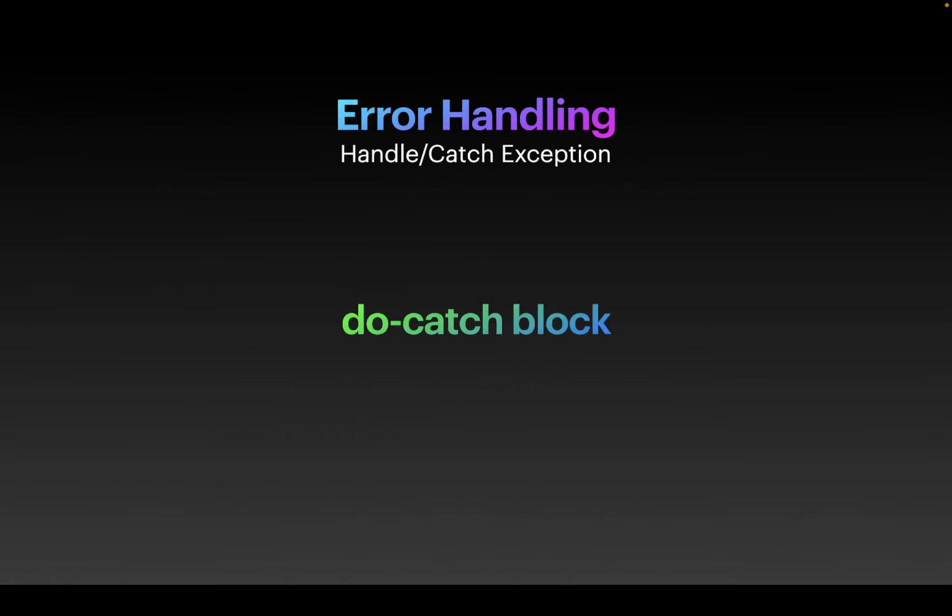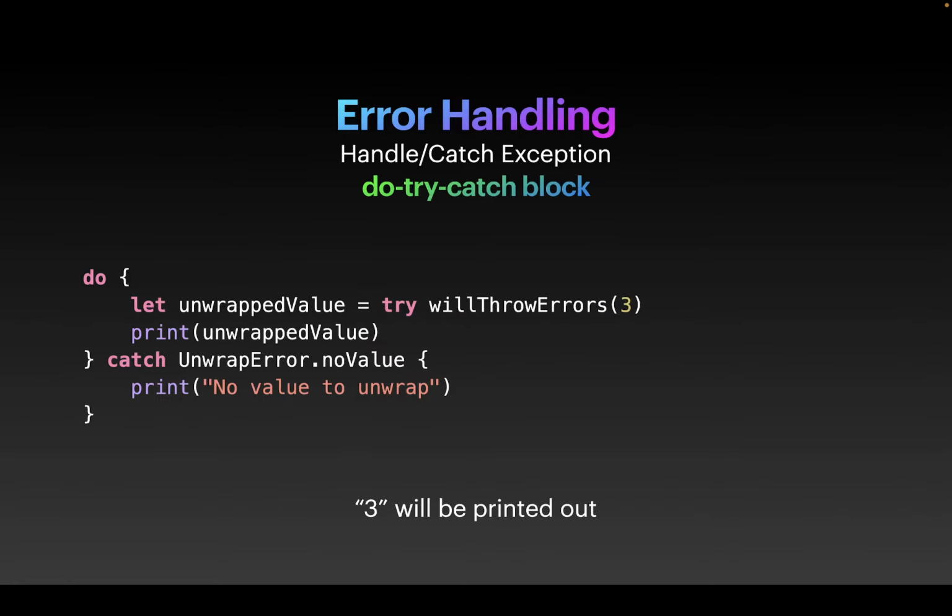Now we can throw errors, but how are we supposed to actually catch and handle them? Let's see something called the do-try-catch block. Here, the throwErrors function is going to throw something, and we already know that. When we try to run the function that will throw, we mark it with try. You say, try to run this thing, and wrap all the try statements inside this do block.